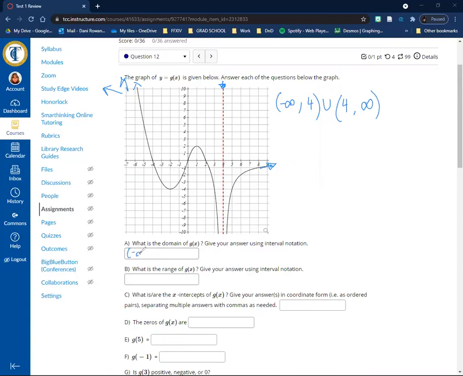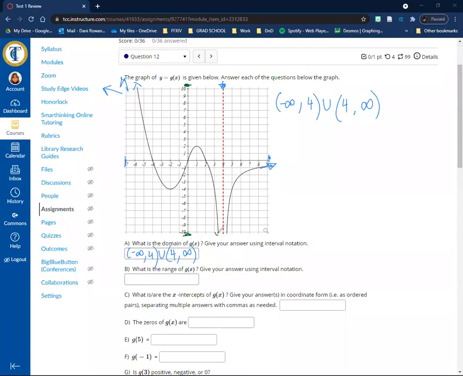All right. So negative infinity to 4. None of the 4s are included because of that asymptote. And 4 to infinity. What is the range? So domain was left to right. Our range is up to down, or down to up, I should say.